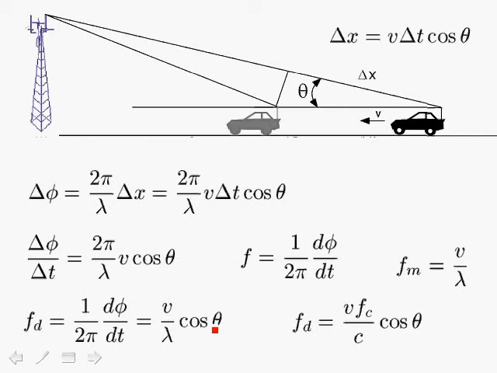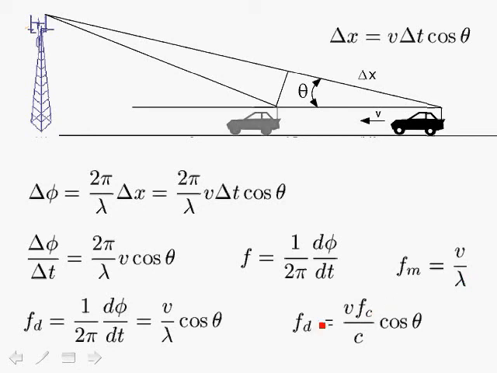Another useful form for the Doppler shift is obtained by replacing lambda by the speed of light divided by the carrier frequency f sub c, so we get the expression over here for the Doppler shift. From this expression we see that if theta equals 0, that is if the transmit antenna was in direct path of the vehicle, we have the maximum Doppler shift, which is equal to f sub m equals the velocity divided by the wavelength.